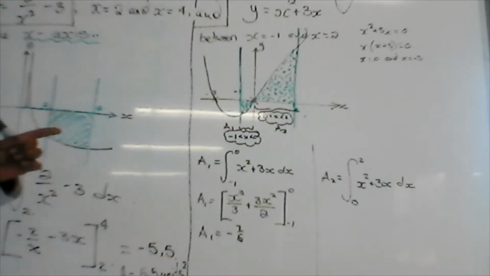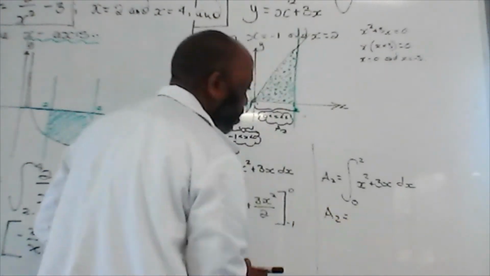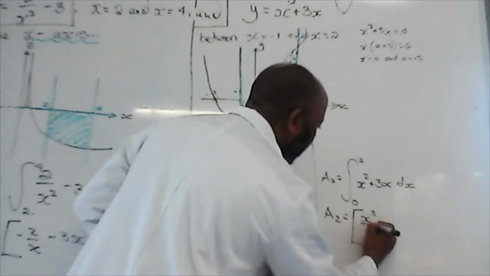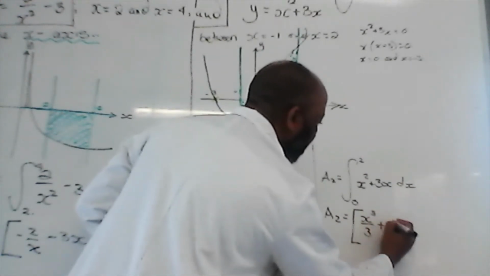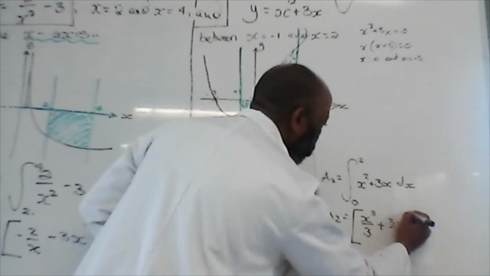Integral rules, add 1 to the power, divide by the power. Area 2 becomes square bracket x cubed divided by 3 plus 3x squared divided by 2.